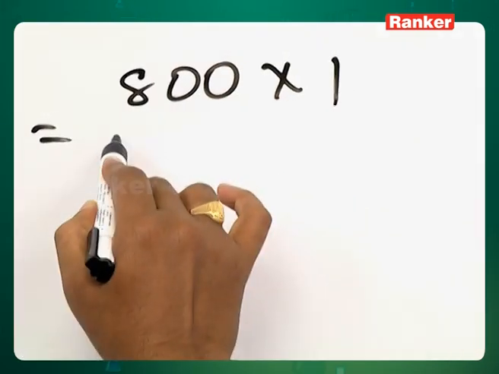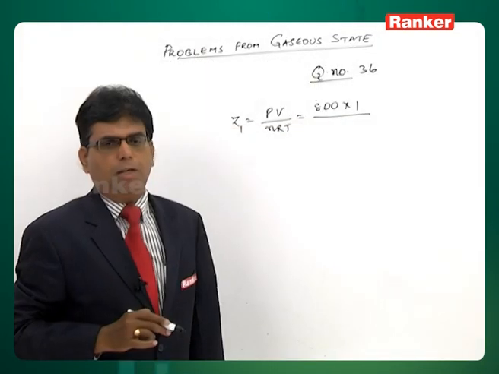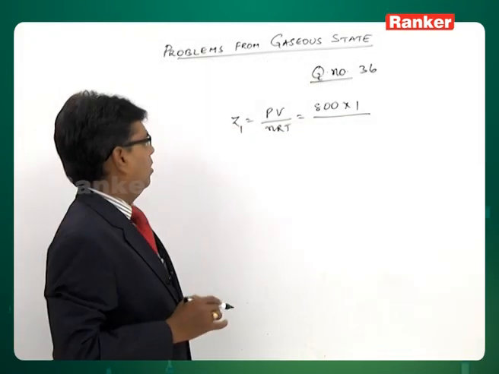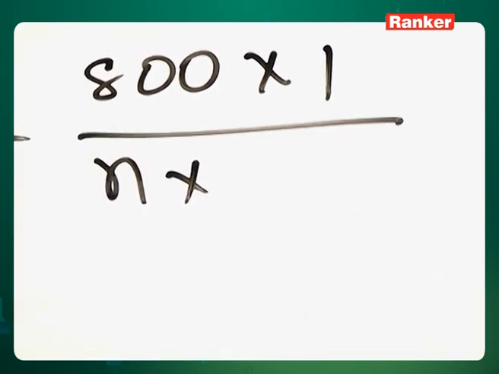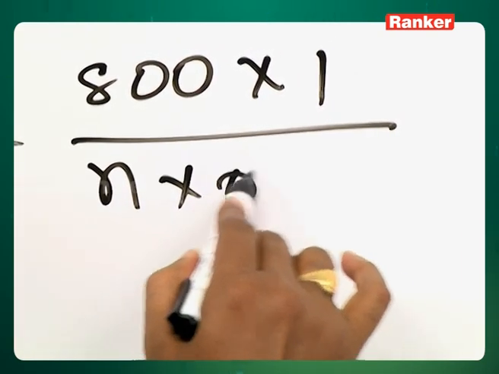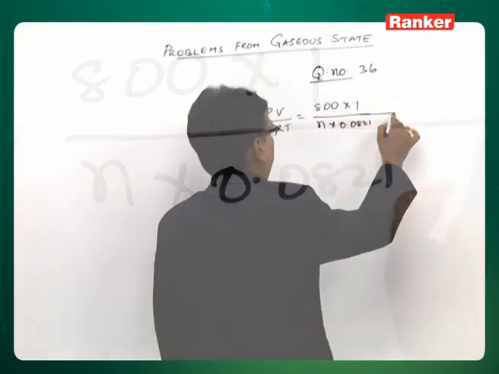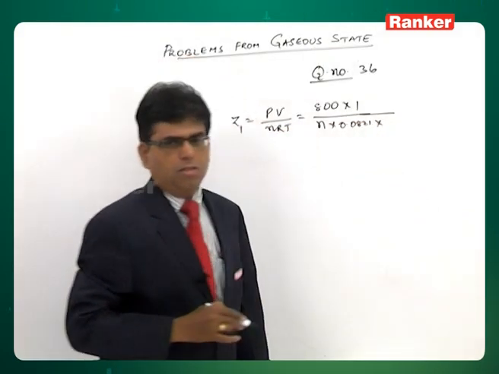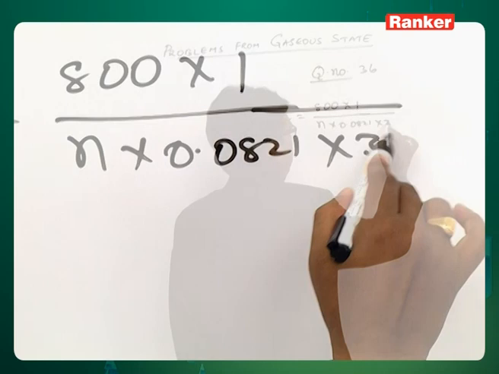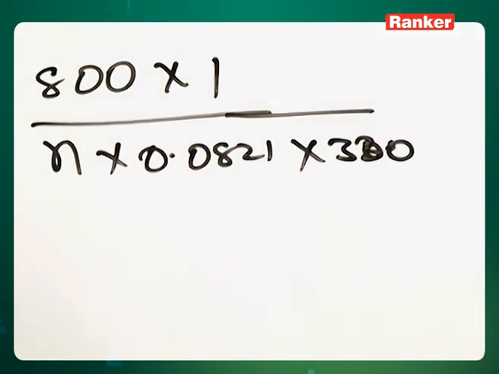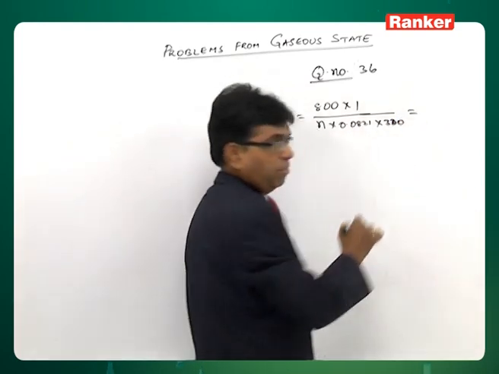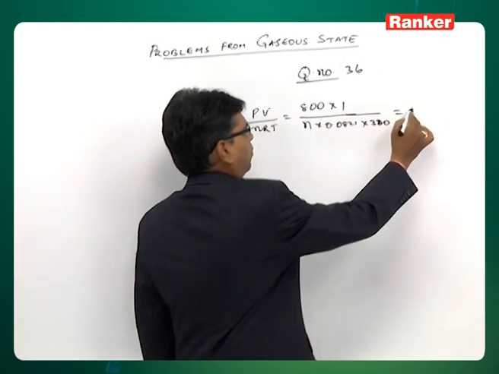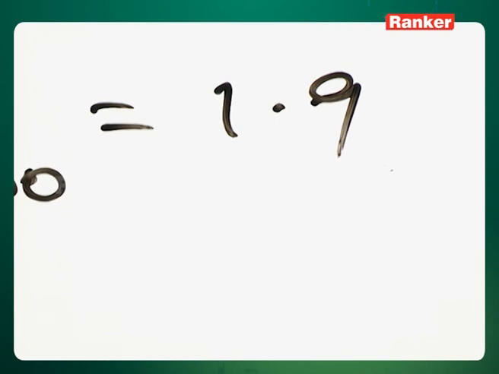The number of moles is what we have to find out. The R value is of course 0.0821 and the temperature is 330 Kelvin, and this is given as equal to 1.9. So, from this we have to find out the value of n.